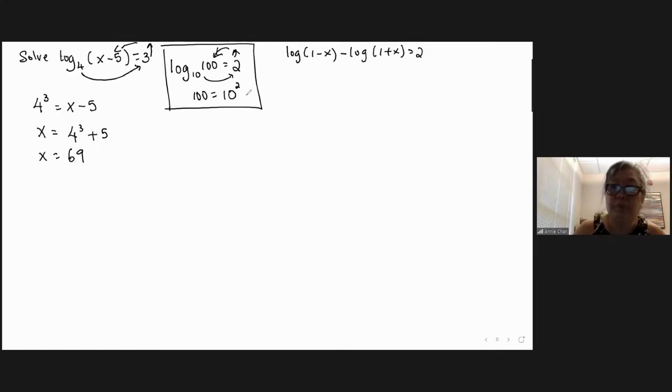But this is one of the properties. Now, for those of you who don't know or don't have it, the professor sent you a list of logarithm properties, not last week, the week before last, as well as properties for exponential and rational.